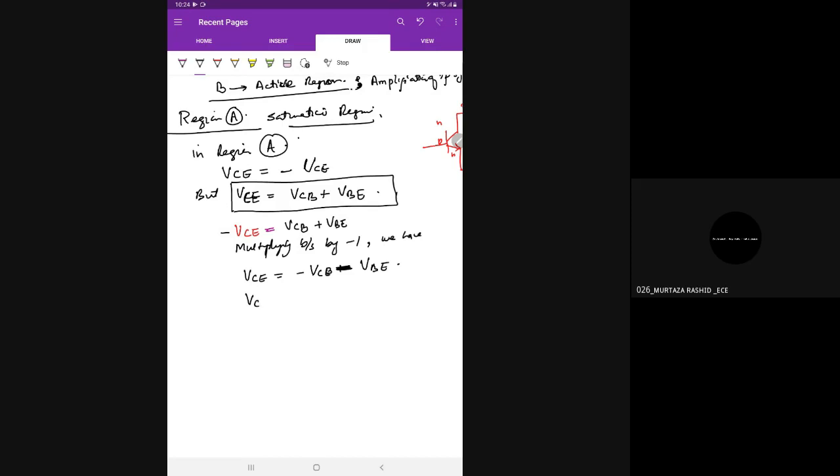Or we can say that VCE is negative. So in saturation region, VCE is always negative.